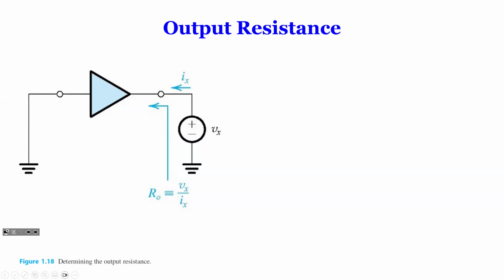So for example, if we get a circuit like this, can you tell me how much the output resistance is? What you do is just look back and see how much resistance.